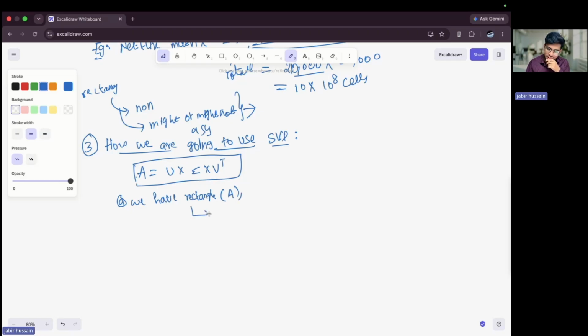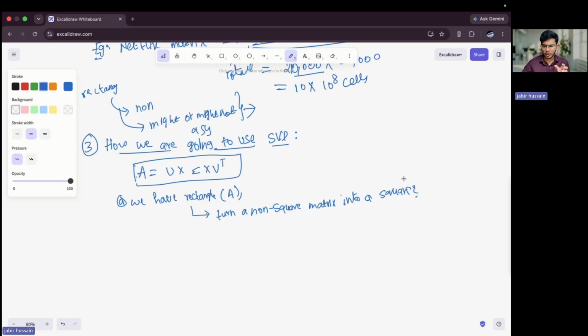For this rectangular matrix, can we convert a non-square matrix into a square matrix? Can we do that? That is the question we should ask.